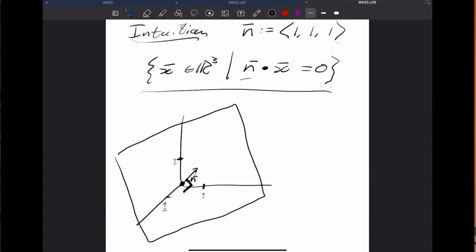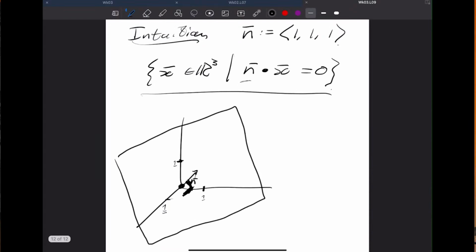Normal is kind of a standard word in mathematics and in physics, meaning at right angles. So this vector n is normal to the plane, meaning it is at right angles to the plane.